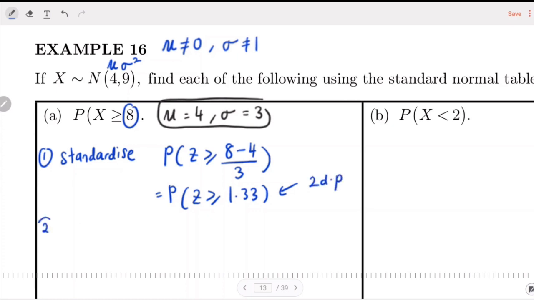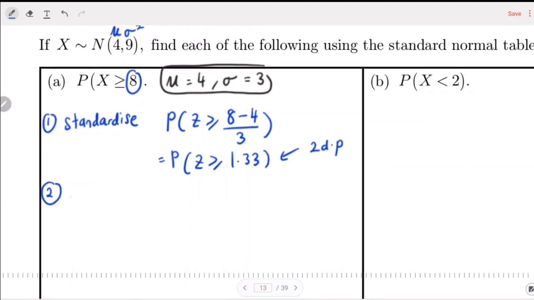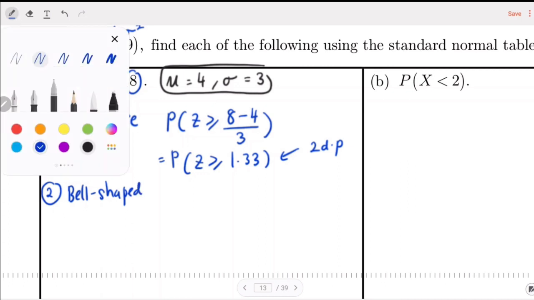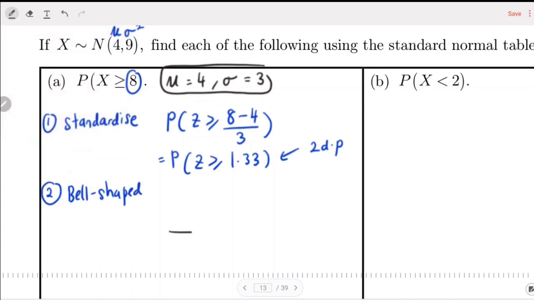Next, the second step is to sketch the bell shape. The bell shape looks like this. In the middle of it is for Z equal to 0. So if our Z is positive, it's going to be situated on the right side, whereas if our Z is negative, it's going to be situated on the left side.